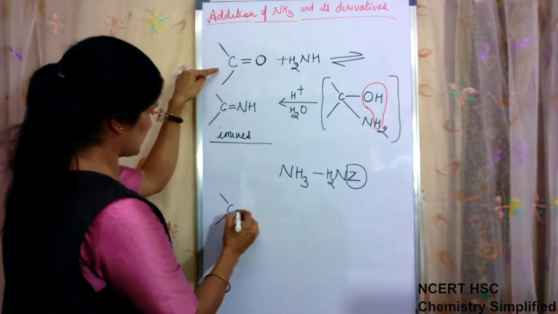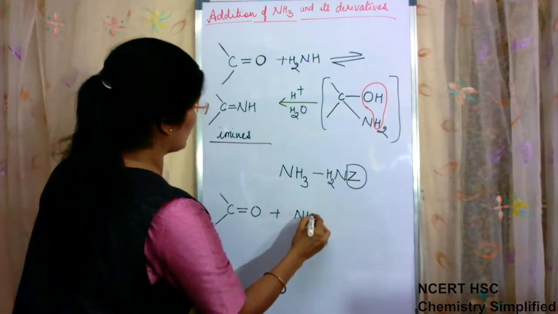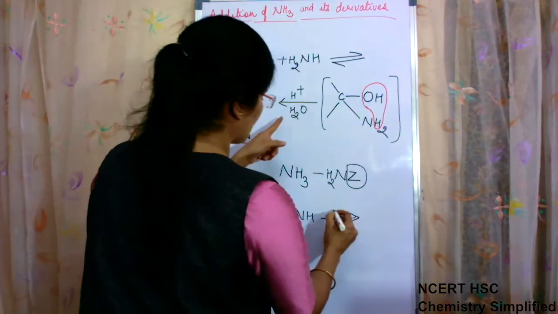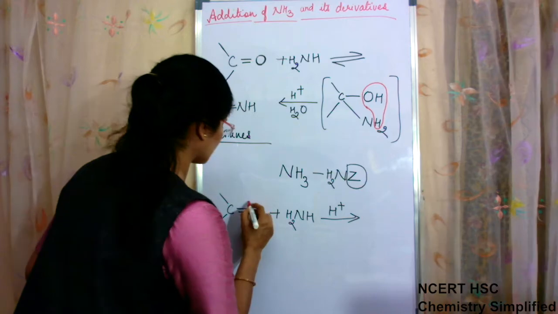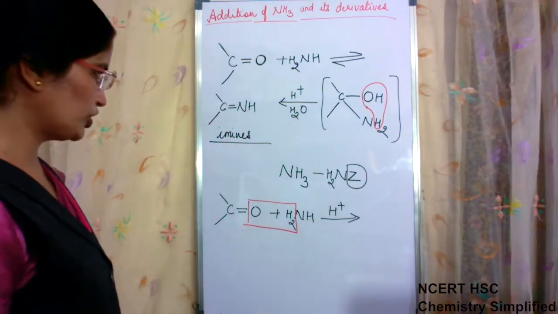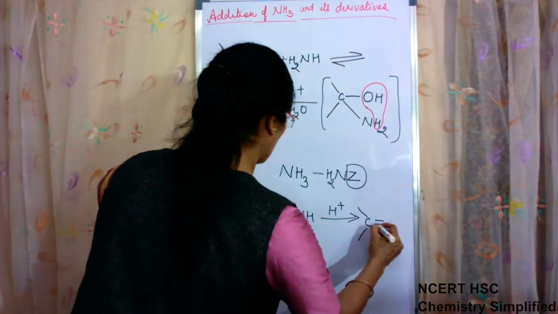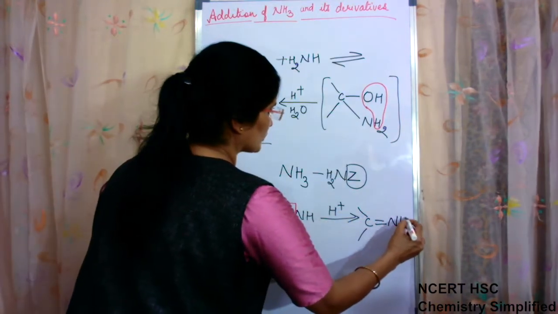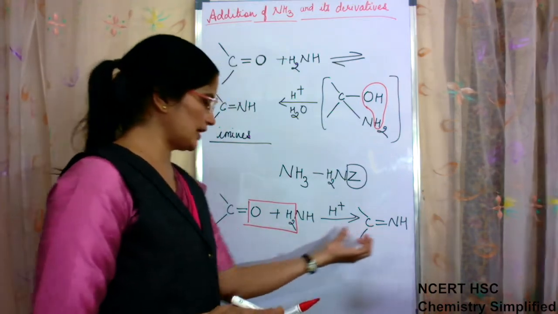How can it be written? Just see. C double bond O plus NH2Z, second step directly without intermediate. Then a water molecule is lost and the product will be C double bond, and what is left is N and Z. So while writing the reaction, you will write directly like this.